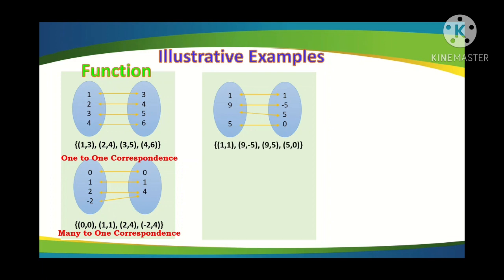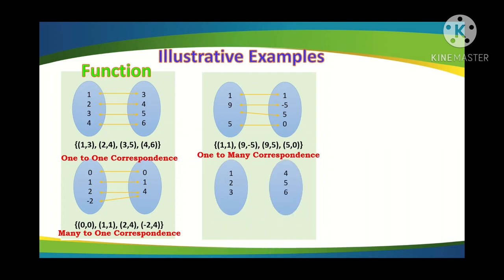And we have the ordered pairs (1, 1), (9, -5), (9, 5), (5, 0). Since we have one element of the input set related to two elements in the output set, this is a one-to-many correspondence.